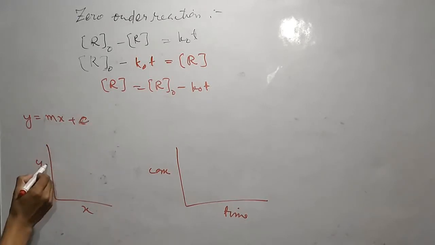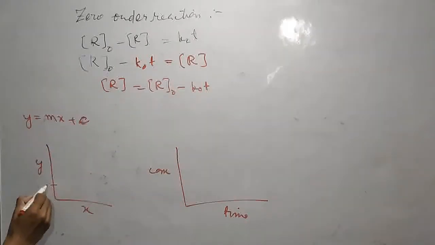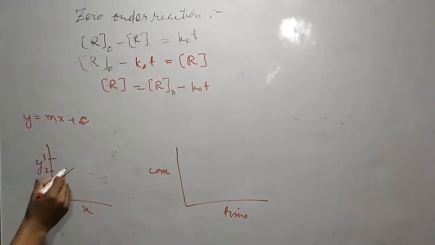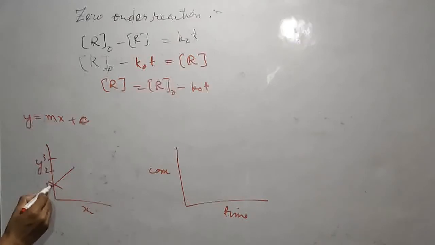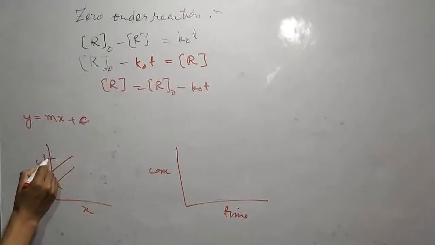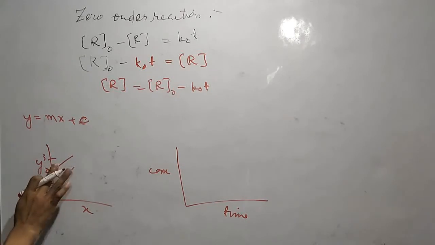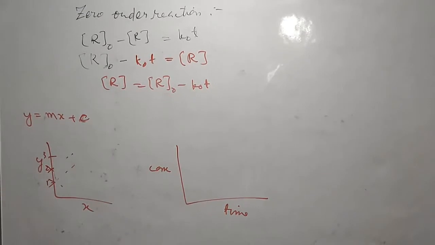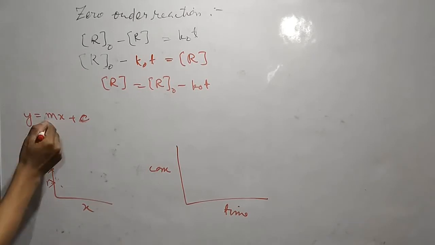Suppose this is 1, 2, 3 and so on. If c is 1, then that particular straight line, it may be like this or like this. It will pass through the point 1 of the y-axis. If c is 2, then it will pass through 2, or it may be like this also. So it depends. If it is 3, then it will pass through 3. Then this m is called the slope.